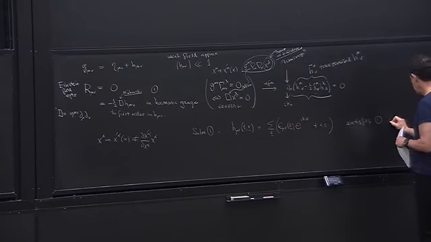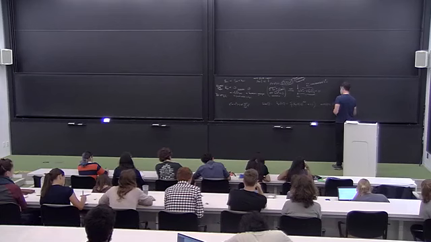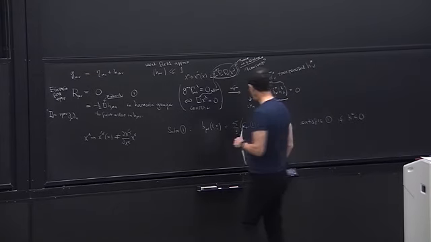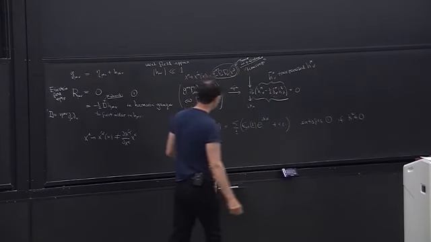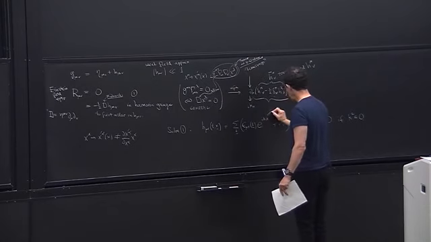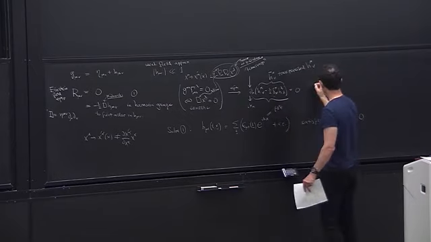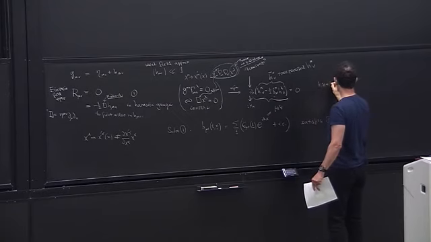This satisfies 1 if k squared equals 0. Now this k dot x, what that means, of course, is minus k naught t, because k dot x is eta mu nu k mu x nu, and x nu is t, x.